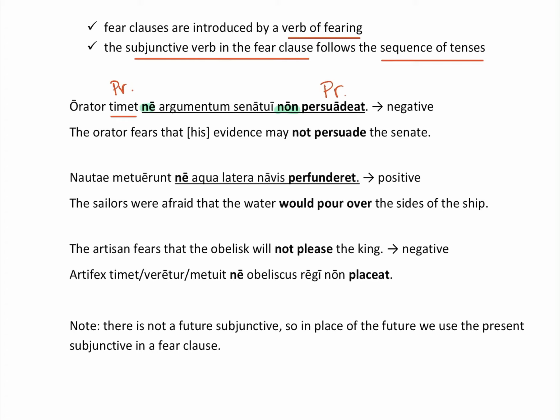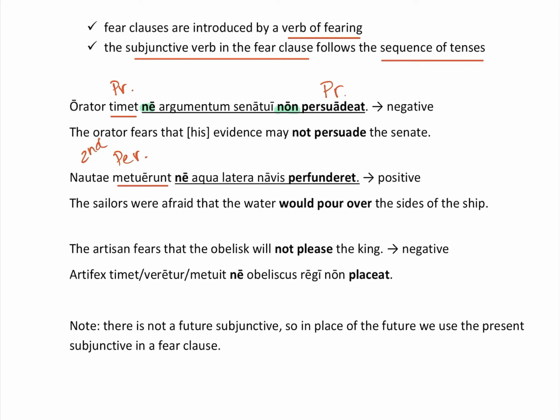Okay, next one. Nautae metuerunt, again, a fearing verb, ne aqua latera navis perfunderet. And it's a positive because it's just a ne, there's no non in the sentence. So the verb metuerunt in the main clause is in the perfect tense, which puts it in the secondary sequence.